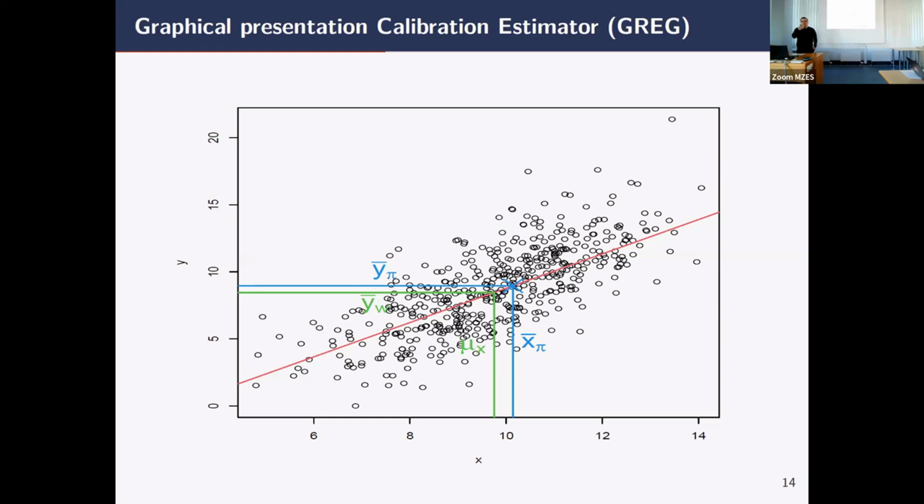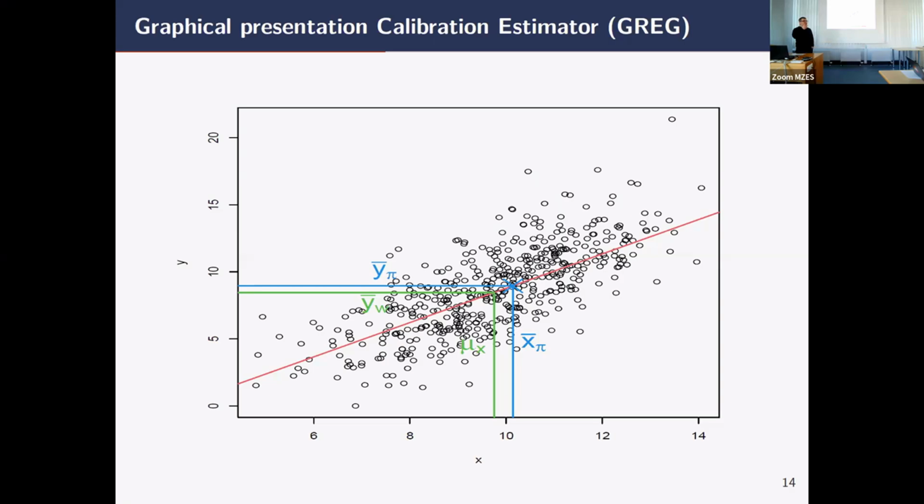I'm having that from some source of official statistics, let's say. So I'm basically plugging in the mean into this regression, and then I'm adjusting my design-based estimator by this bit.